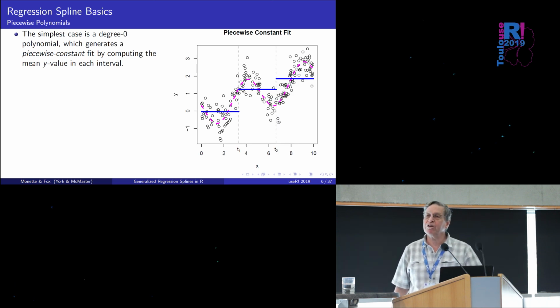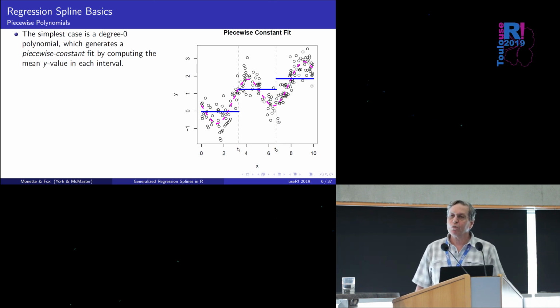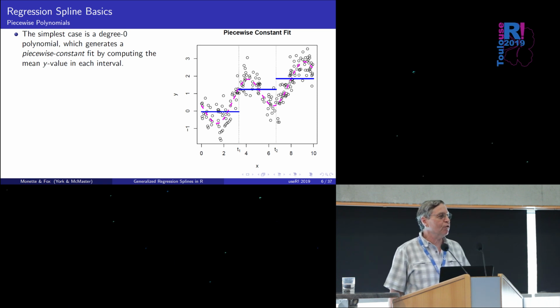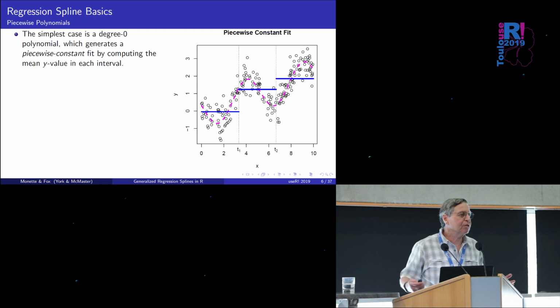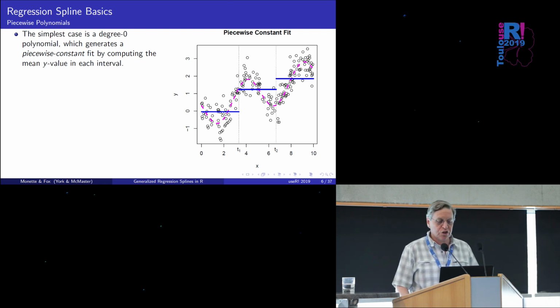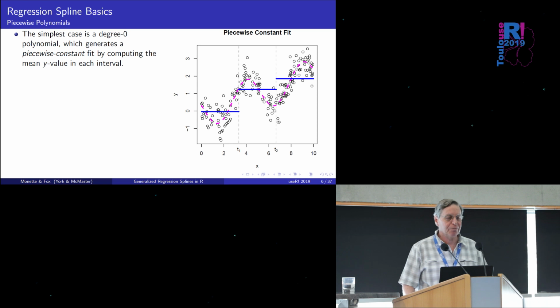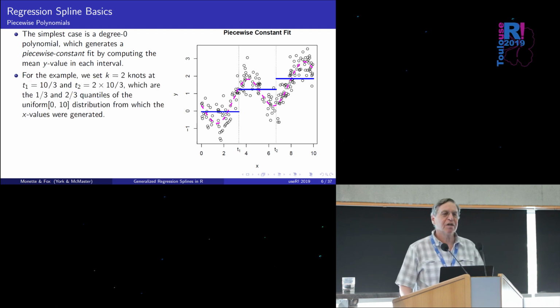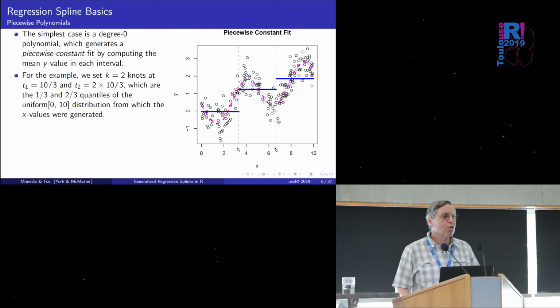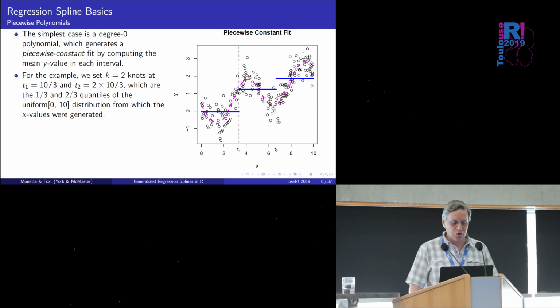So, for example, here's the simplest case where the degree of the polynomial is 0 so that we have a piecewise constant fit. I mean, clearly that doesn't do a very good job of capturing these data. In effect, we're simply fitting a mean within each interval, the intervals defined by the knots. Here I've set the knots at the 1/3 and 2/3 quantiles of the distribution of X.